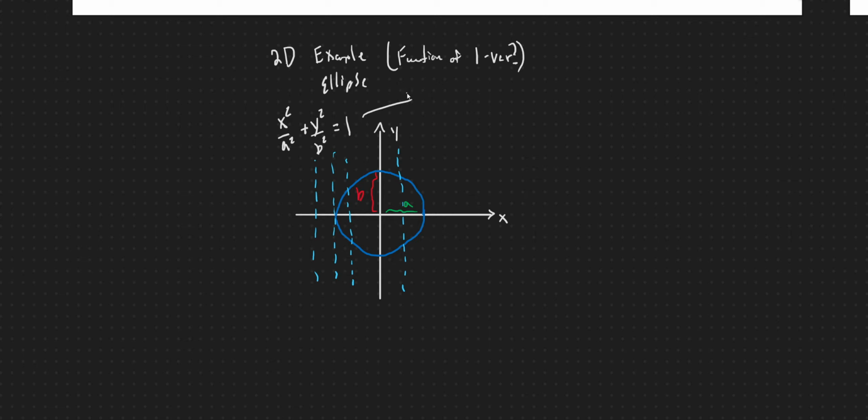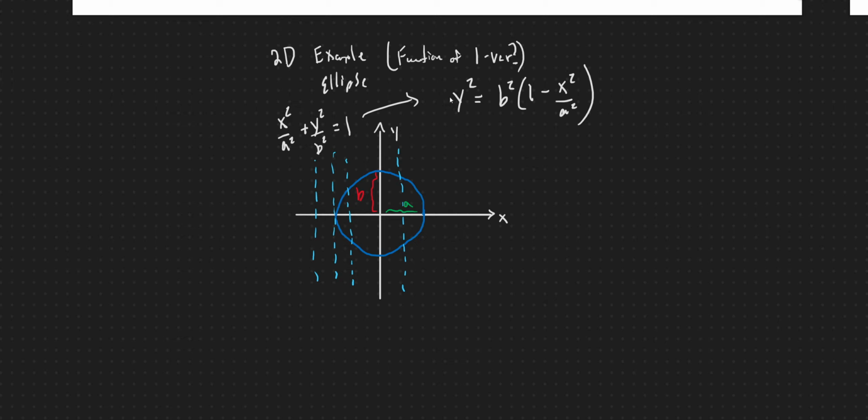And remember, we can play around with this equation. If we want to try and make this look like a function of one variable, we want to get y in terms of x. One thing I can do is subtract x squared over a squared to get y squared equals b squared times 1 minus x squared over a squared. That's pretty good. I have y squared equal to this. Then the problem comes in when I take a square root, because y could be both positive or negative.